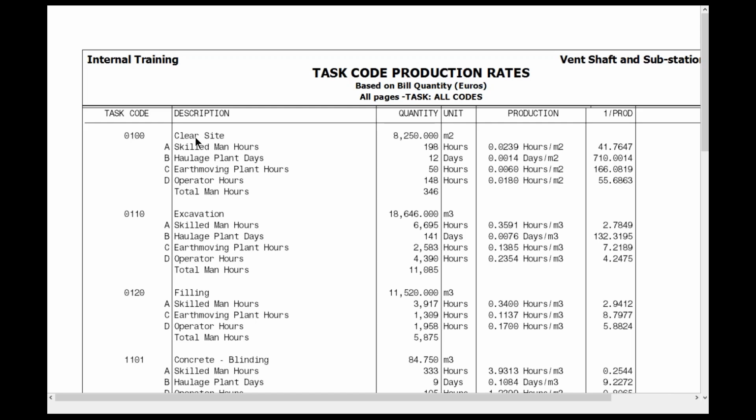But here it shows me I have for clear site a quantity of 8,250 square meters. My skilled man hours on this task would be 198 hours. It then works out a production for me, which tells me that per square meter we are going to use 0.0239 hours.